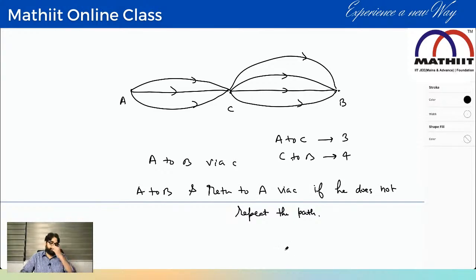Quickly answer. In how many ways can a person go A to B and return back to A, but he does not repeat the path? Carefully, don't jump into the answer immediately. Think.